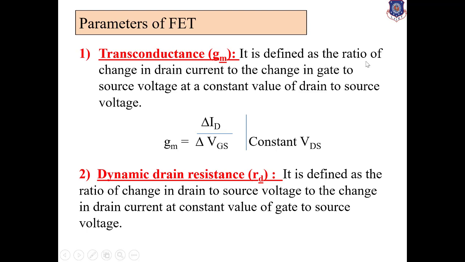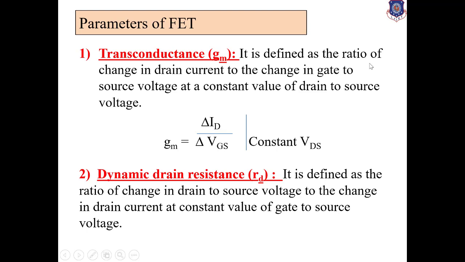It is defined as the ratio of change in drain current to the change in gate to source voltage. Drain current is denoted by delta ID, and gate to source voltage, that means VGS, the change is denoted by delta. So it is very simple.